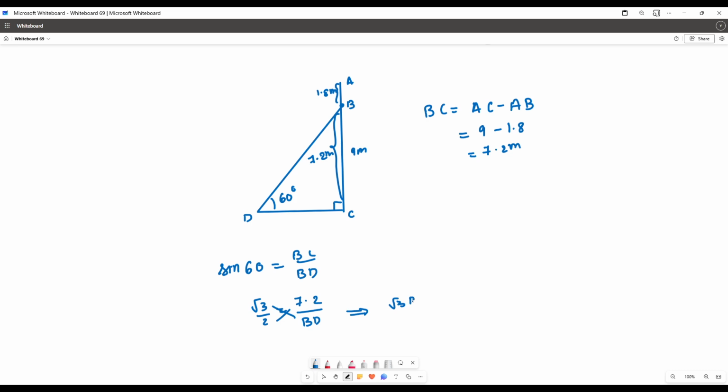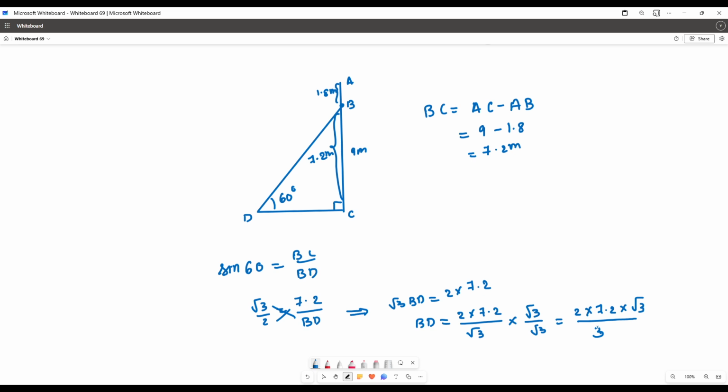So what would we get? Root 3 into BD is equal to 2 times 7.2. If I bring the root 3 to the right hand side, it is 2 into 7.2 by root 3. Let's rationalize the denominator by multiplying root 3 on numerator and denominator. So I would get 2 into 7.2 into root 3 by root 3 times root 3, which is 3.